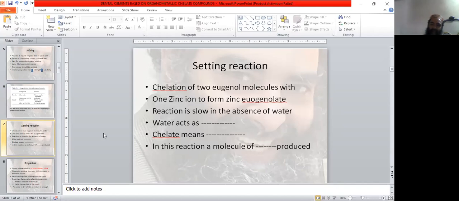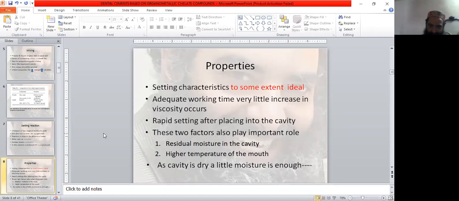In this reaction, a molecule of water is also produced, which again accelerates the reaction.